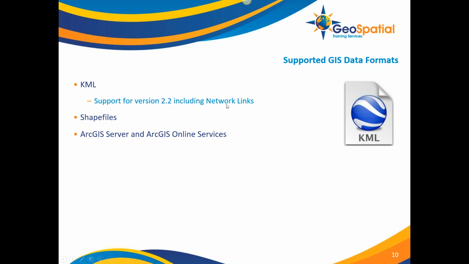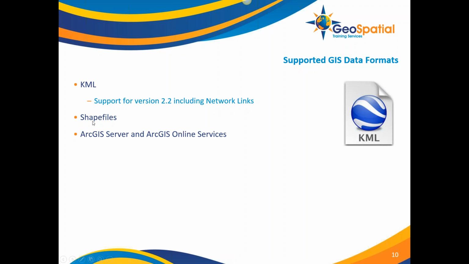Network links, for those of you who are not familiar with that, in Google Earth, is what gives you the ability to create real-time applications. So if you have data that's changing frequently in Google Earth, the way that real-time data is supported is through something called network links. That's what gives Google Earth the ability to do real-time applications. That is supported in ArcGIS Earth as well.